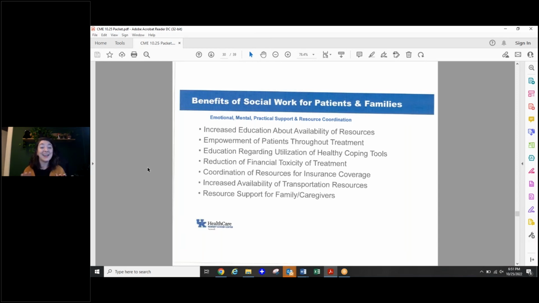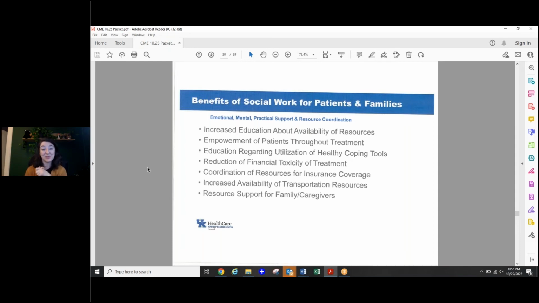We can provide education regarding utilization of healthy coping tools, like I mentioned before, and especially not only for the patient, but for the family and caregivers as well, because research has shown that comparing psychological distress of patients and their caregivers over time throughout treatment, it really shows to be parallel. They're both experiencing similar amounts of stress. So it's really helpful and important to pay attention to both.